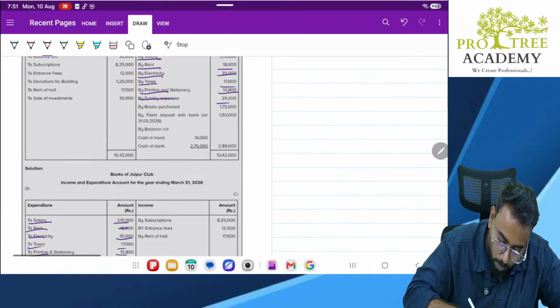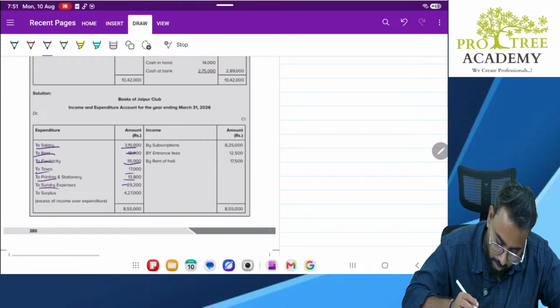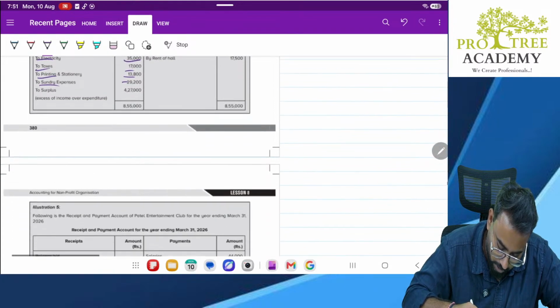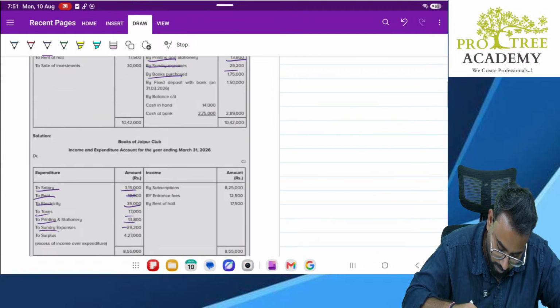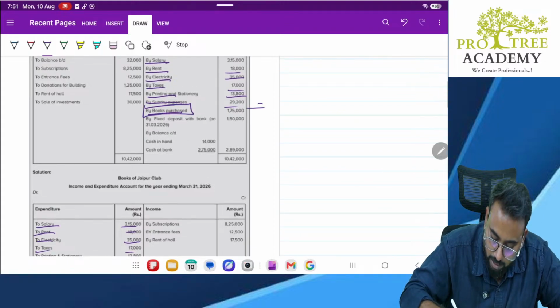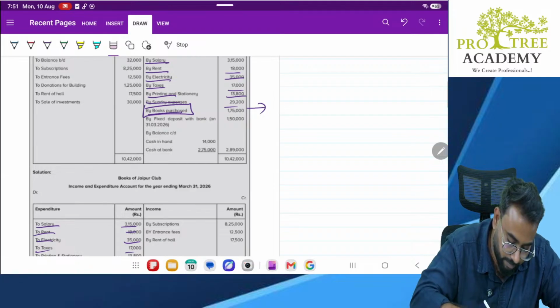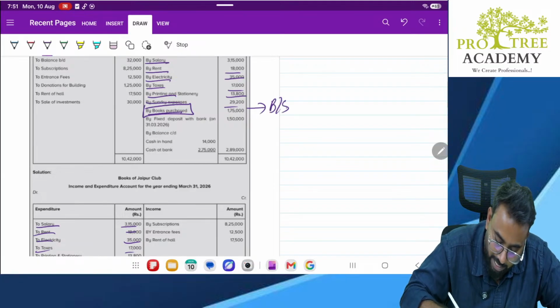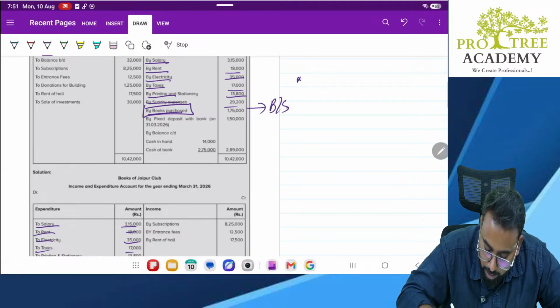Then books purchased, they have held it here also. Maybe they are taking the books purchased into the capital account. I mean, they are showing it in the balance sheet. Guys, please note it down.